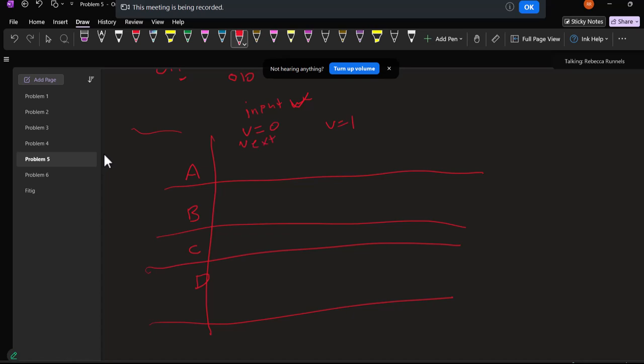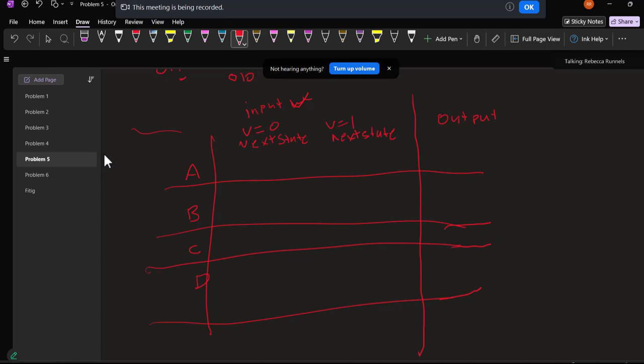And we'll say what the next state is. A Moore machine will just have one column for the output. It doesn't depend on the input. If this was a Mealy machine, the output would have to have different columns for the two different inputs.